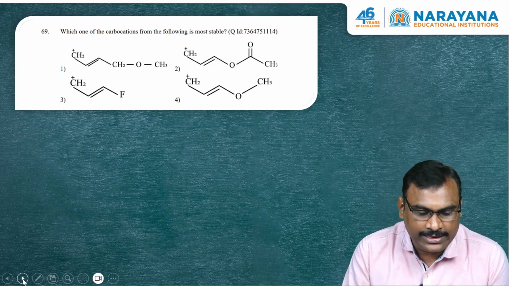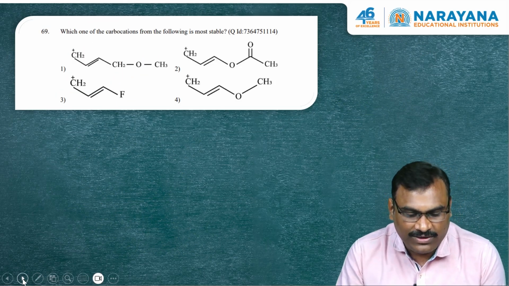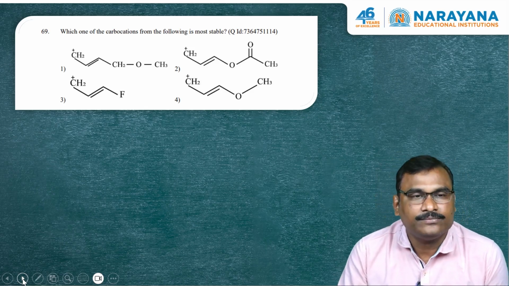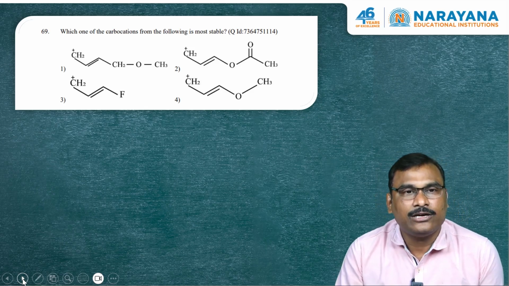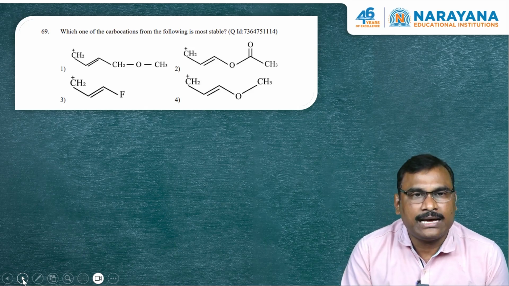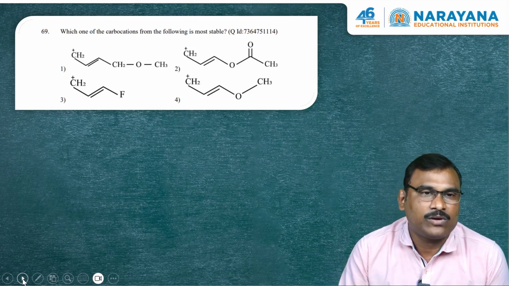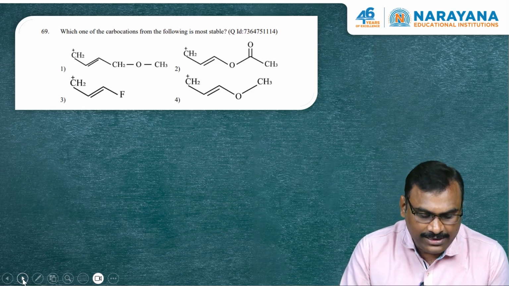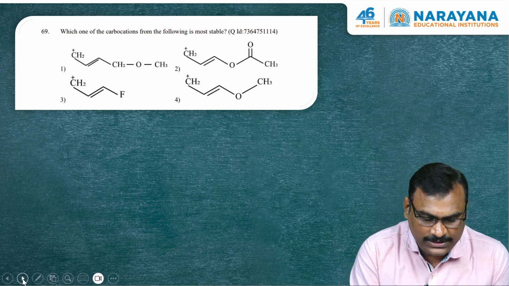Which of the following carbocations is most stable? The carbocation stability generally increases by electron donating groups, or the groups in the surrounding which decrease the charge will stabilize the carbocation. So, in the given options, the better option is option 4.